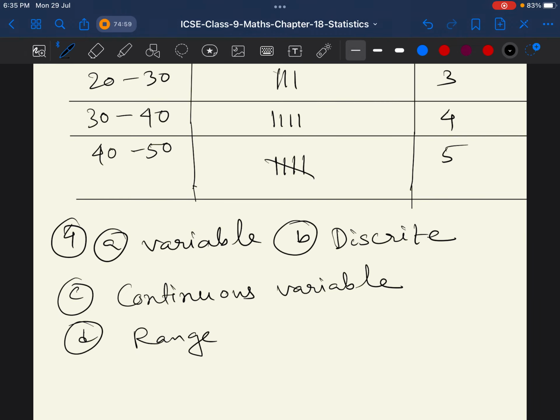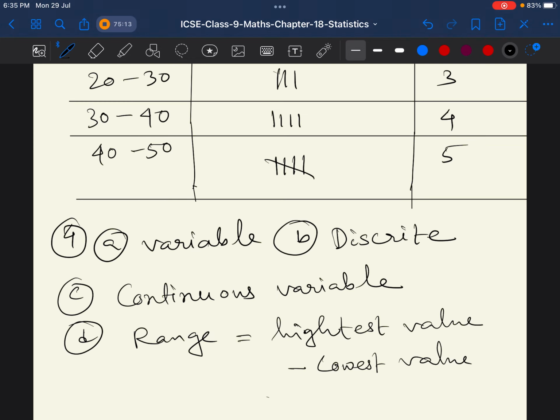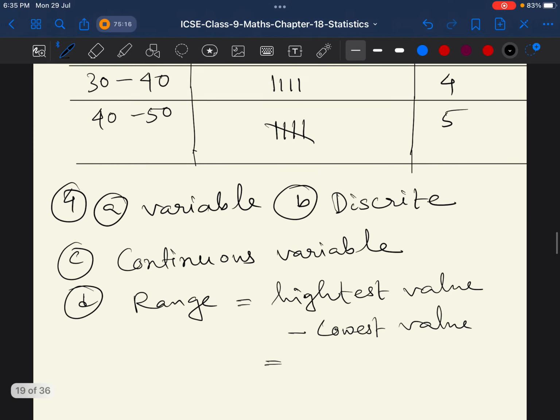Range is the highest value minus the lowest value. Here you see in this data, the highest value is 25 and the lowest value is 7. So 25 minus 7 will be 18. Okay, this is the range.